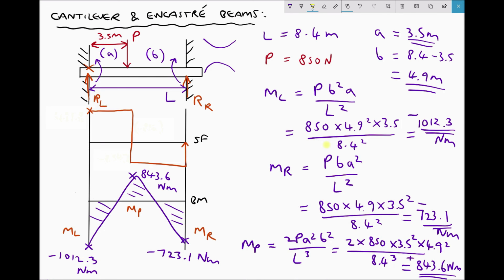So finally, we can consider the magnitude of the maximum shear force by referring to our shear force diagram. We can also determine the magnitude of the maximum bending moment. Now the highest magnitude there is 1012.3. And in actual fact, when we have Encastre beams, the maximum bending moment will always occur at one of the supports.